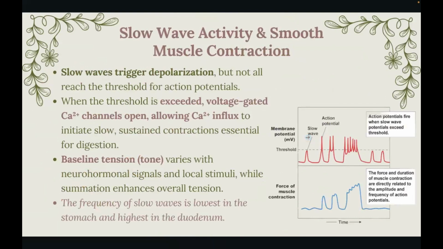Moving on to dive deeper into the slow wave: we know slow waves are produced by the pacemaker cells, the interstitial cells of Cajal. These slow waves are always there. In other words, the muscles in the GI system are always contracting, but that doesn't mean they're always reaching a threshold.